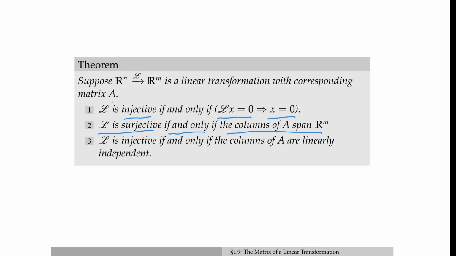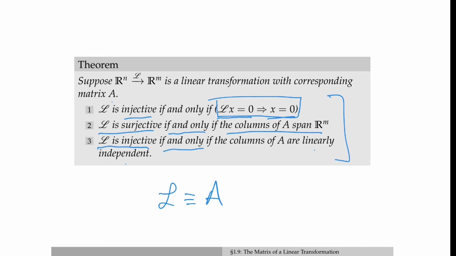This is the diamond-crusted theorem from the front of your notebook. And then lastly, L is injective if and only if the columns of A are linearly independent. Now, the columns of A are linearly independent only when you only have a trivial solution to the homogeneous equation. So all three of these make sense when we take L and re-identify it as a matrix.